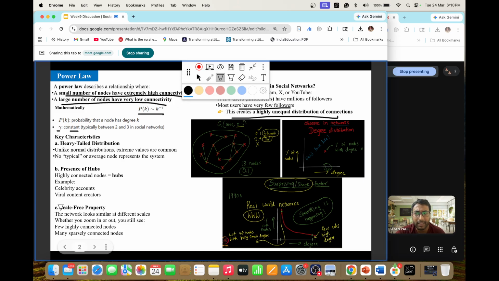And third, there is a scale-free property. The network looks similar at different scales.